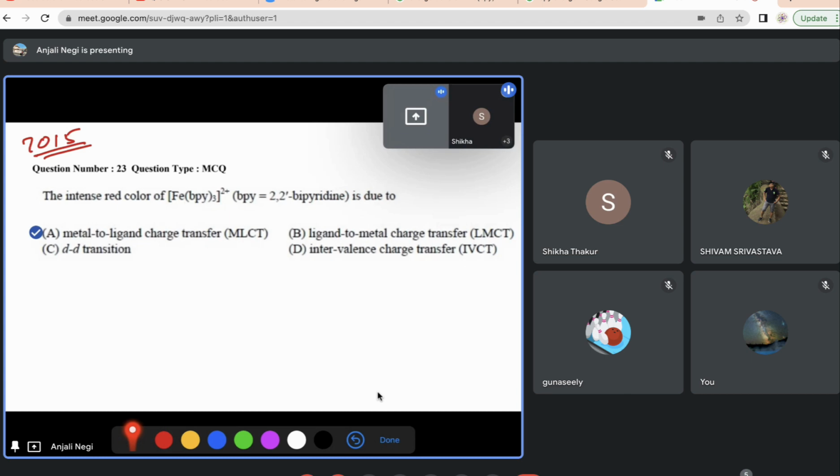However, in our case no such two valences of the metal are present, so option D is already out of our scope. Now let's quickly go through the concept.